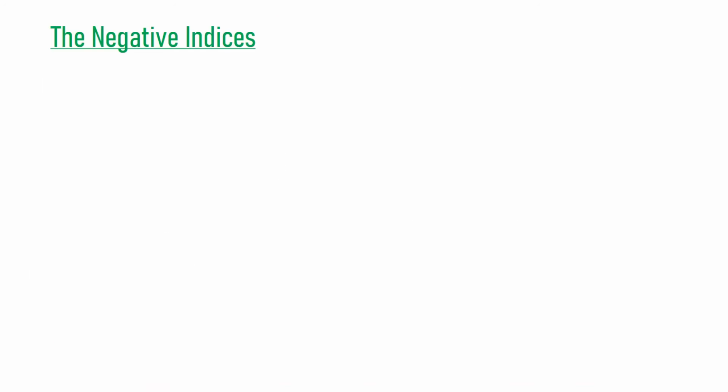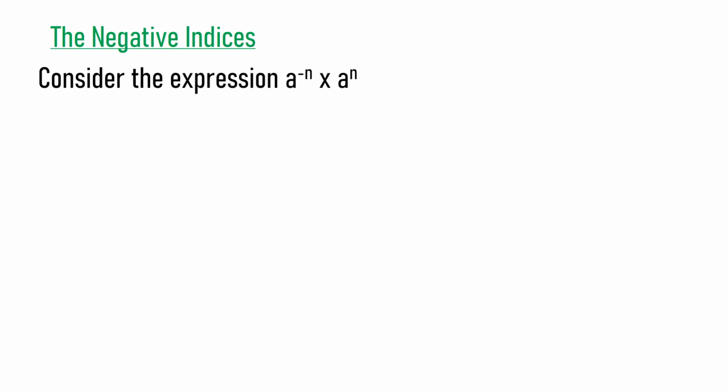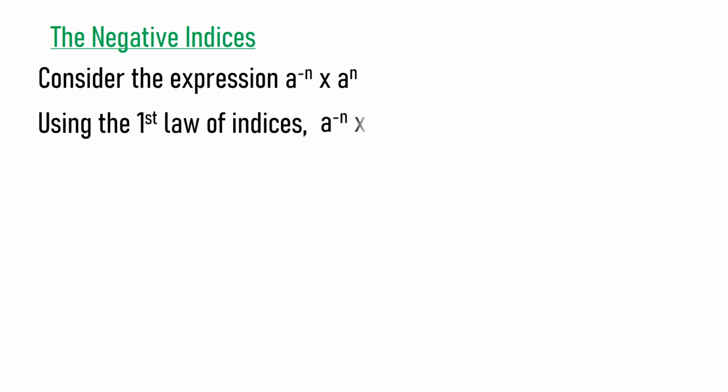The negative indices. Let's consider the expression a power negative n times a power n. Using the first law of indices, whereby we sum the powers, we will have a power negative n times a power n equals to a power negative n plus n, which is 0. So we have a power 0.